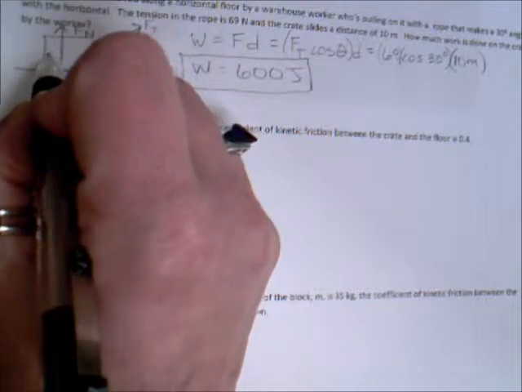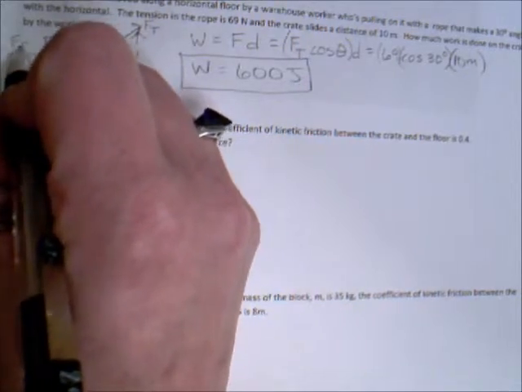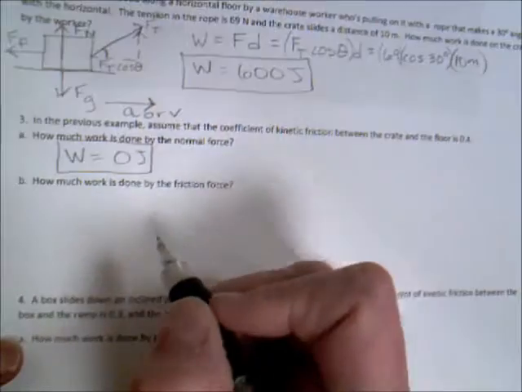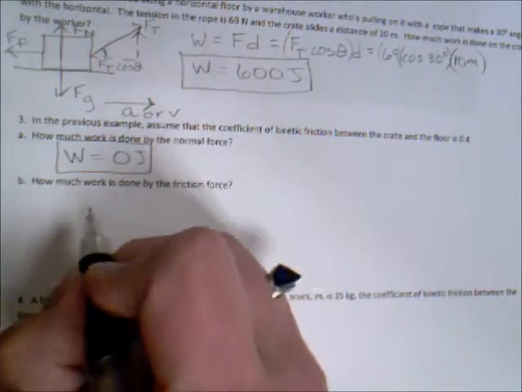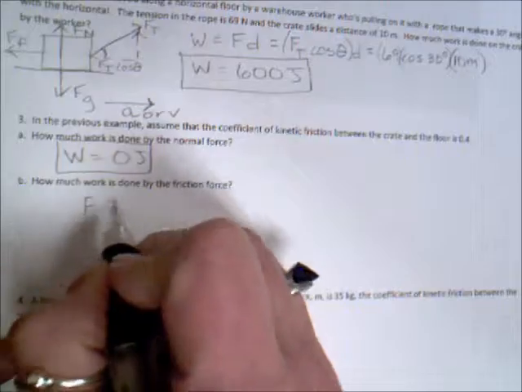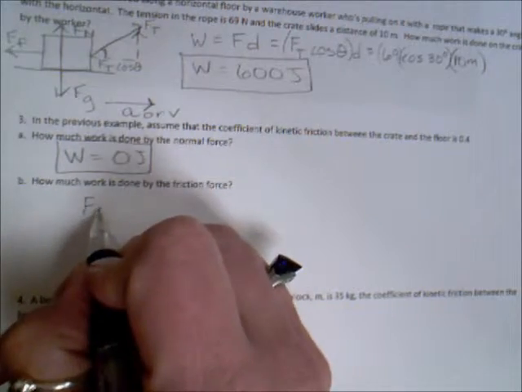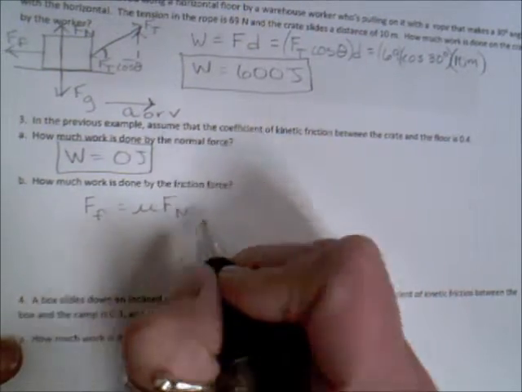So we add in our frictional force right here. Our frictional force is equal to mu times the normal force.